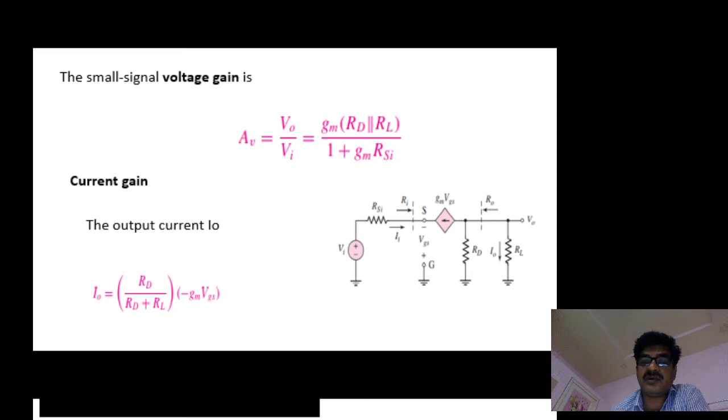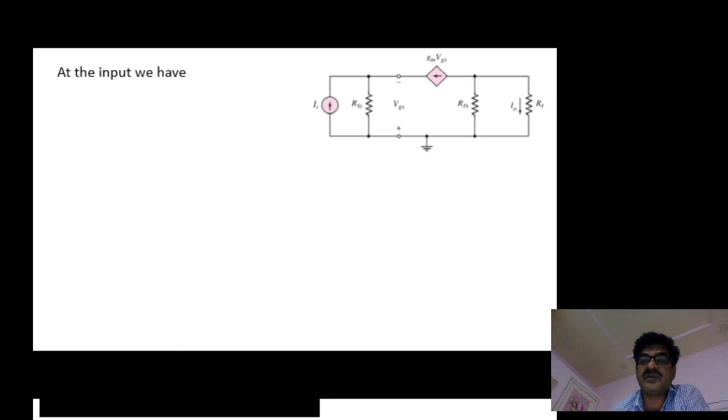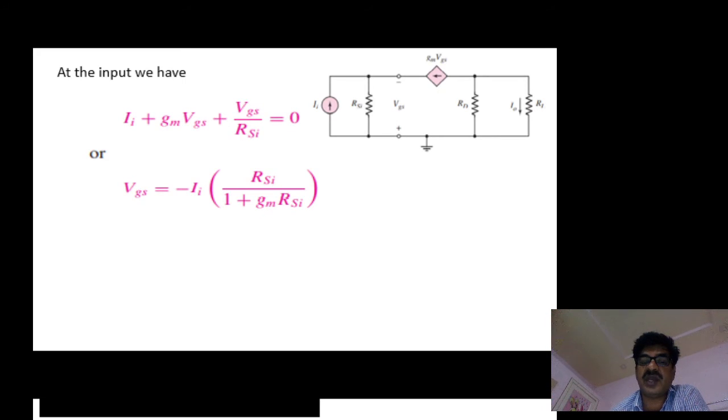Then you also see here the VGS. From the input side you have to substitute the VGS, but in terms of current. To derive this VGS, the voltage source VI in series with a resistor is the Thevenin model.